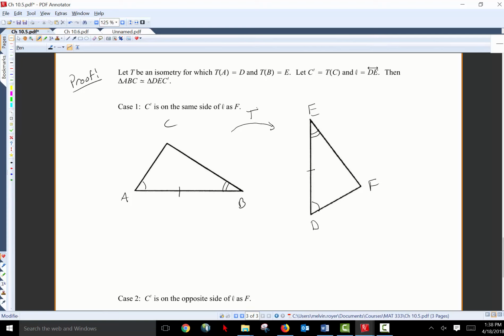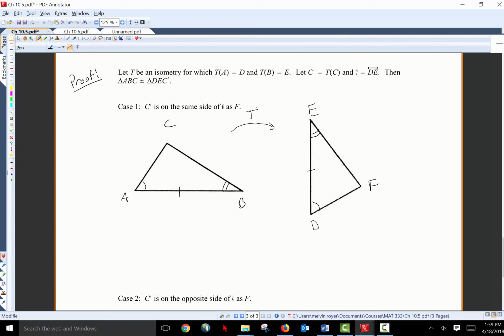And what I've done is map the two vertices that I know the angles congruence to their corresponding vertices over here. Last time we talked about our ability to map a triangle onto a congruent triangle, but I don't know that these two triangles are congruent yet. So I can't just say that T slaps this triangle on top of this triangle. That's what I'm trying to show.